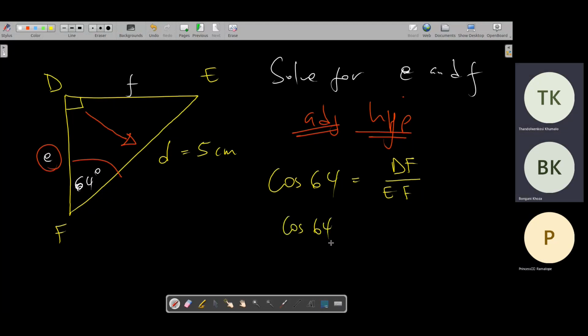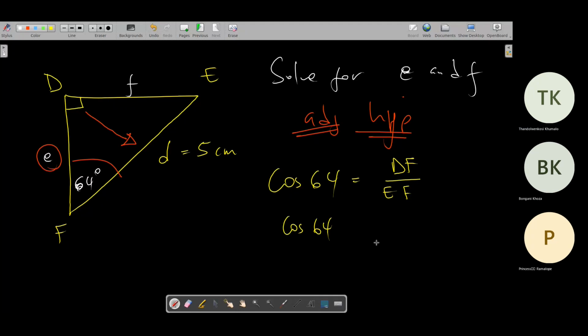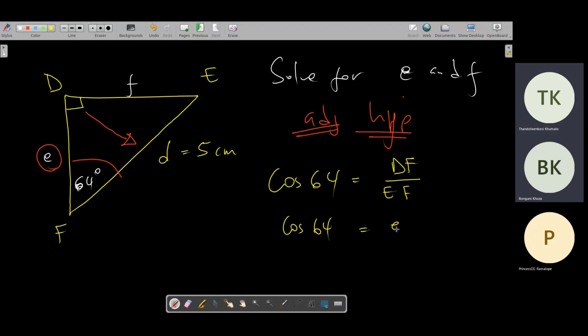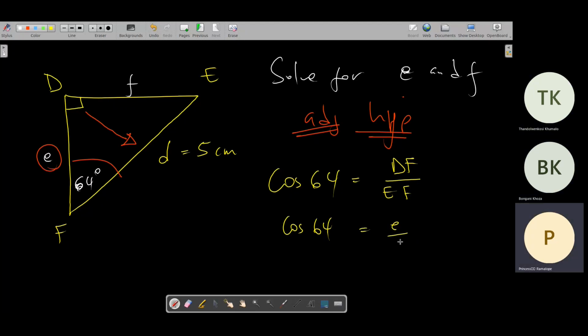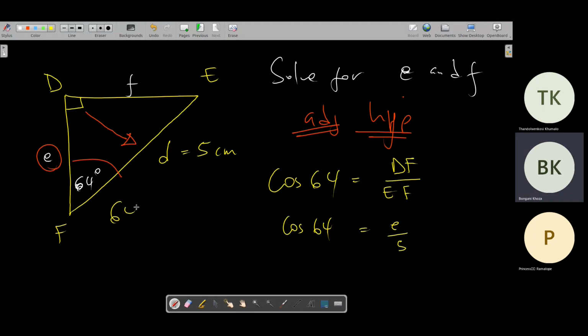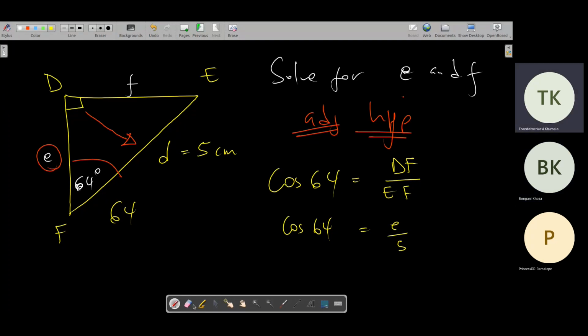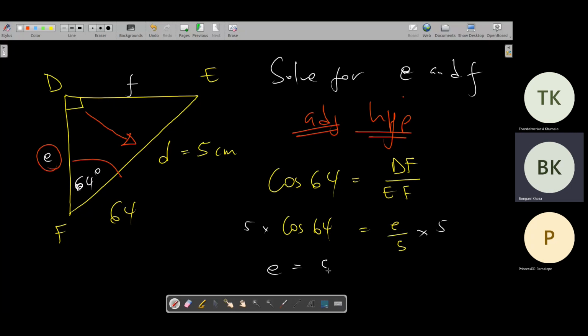So cos 64 equals DF over E. The process is still the same, so we get rid of the 5. Our E is just 5 cos 64.